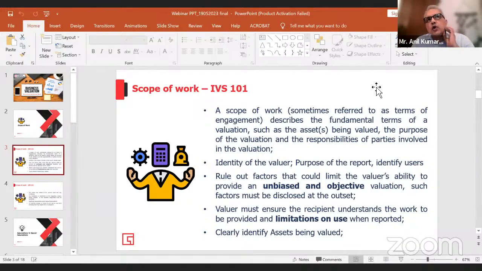All valuers have to adopt a valuation standard, and generally in India we are adopting IVS. Of course, there can be deviations from the standard based on local laws. If there is a disagreement or deviation in terms of base of value or any other aspect of the valuation because of local laws, then IVS permits you to deviate and adopt the local law. There is then no full compliance with the IVS, but it's permitted by the IVS.